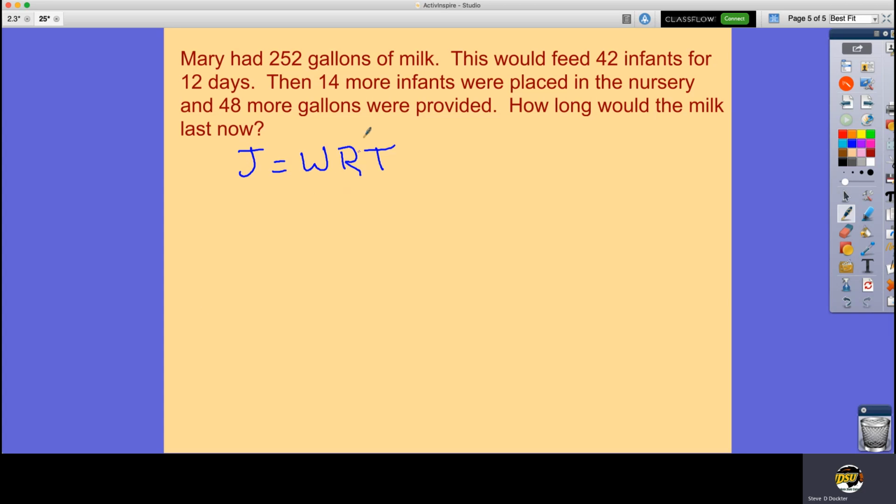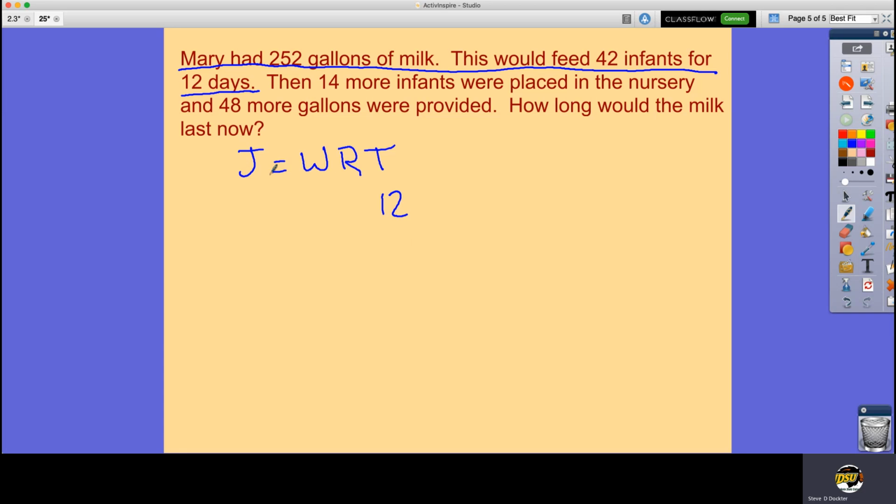All right, now we're going to have to use our original information here for our original equation. What are things that we know? We know the time. We know the time is 12 days. So we can start there. Who would be the workers here?